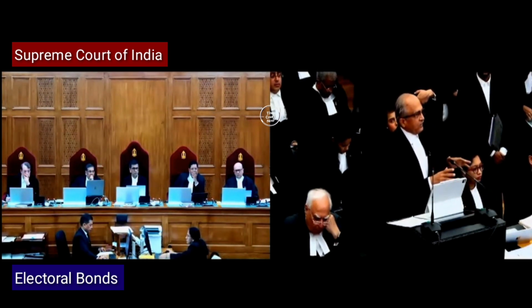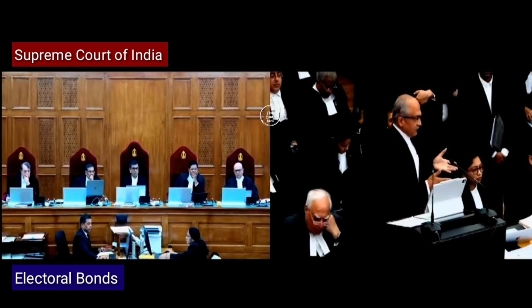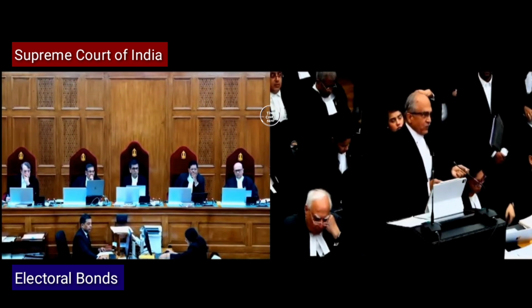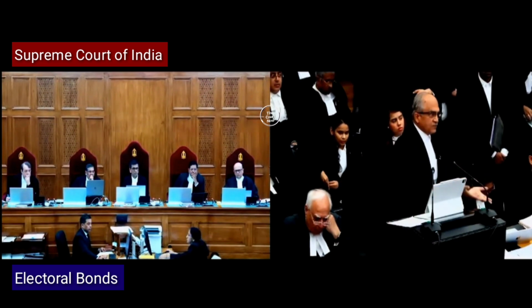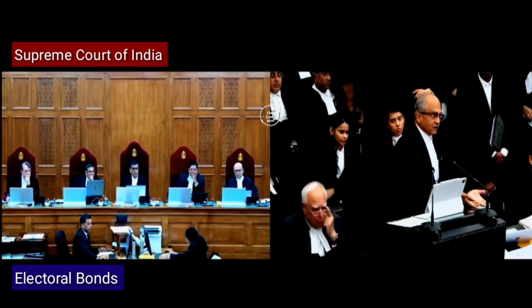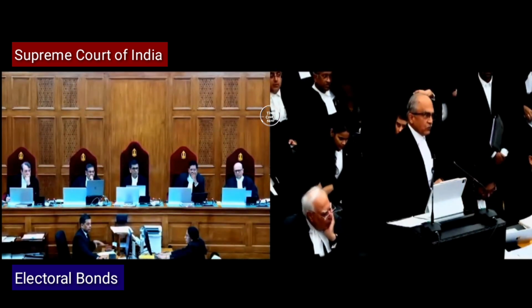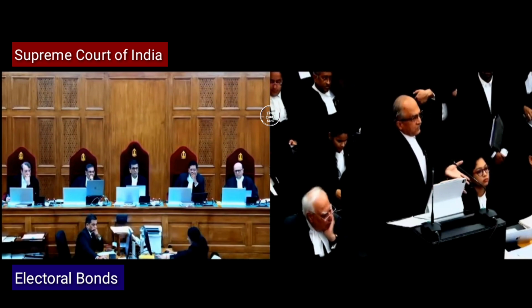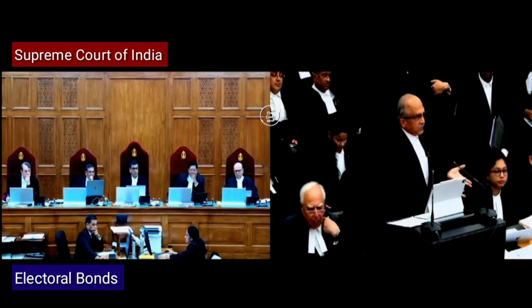Political party, it's open for a political party to say that, well, we opened our office in the morning and we saw these 100 crores of electoral bonds lying under our door. We deposited these electoral bonds. We don't know who has given them, because these are bearer bonds.